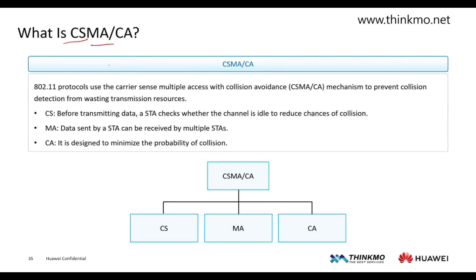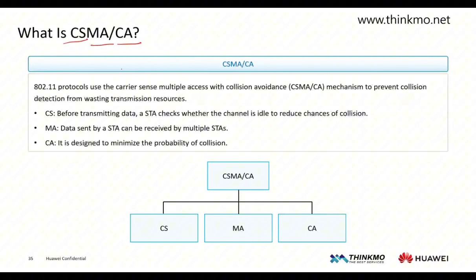Finally, collision avoidance is the design goal of this protocol. The purpose is to avoid wireless channel collisions through this effective mechanism. Since wireless resources are quite valuable, we want to prevent collisions. Therefore, the CSMA protocol uses this method to avoid collisions.